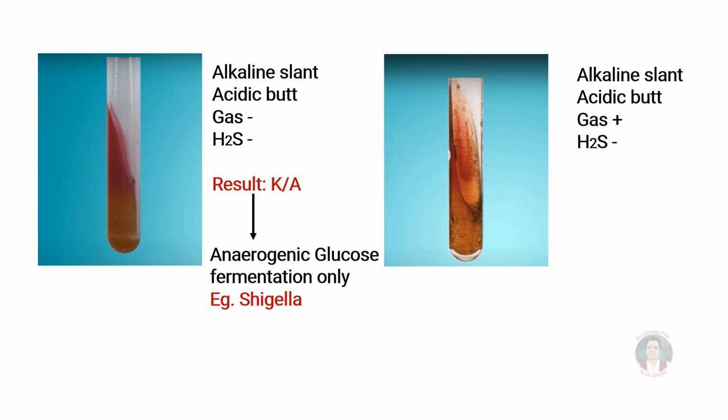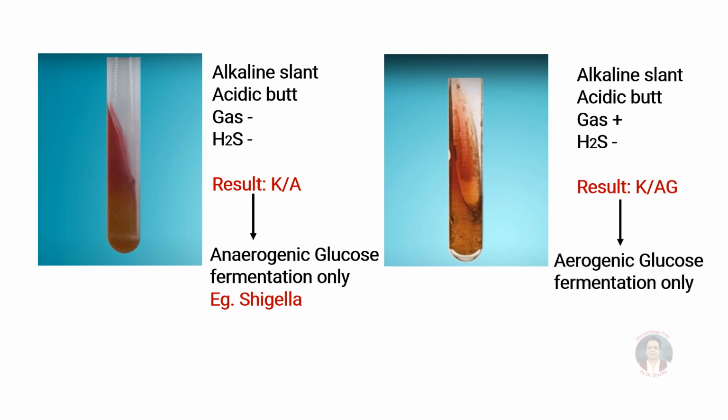Next, we can see on the right hand side an alkaline slant and an acidic butt. CO2 has been produced. You can see that gas bubble right at the bottom which has lifted up the medium. No H2S. The result is going to be written as K, indicating the alkaline slant, slash Ag. So what is our interpretation going to be?